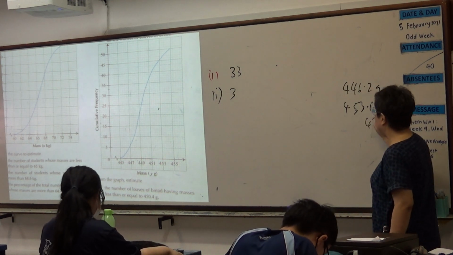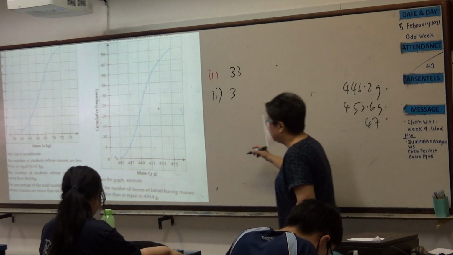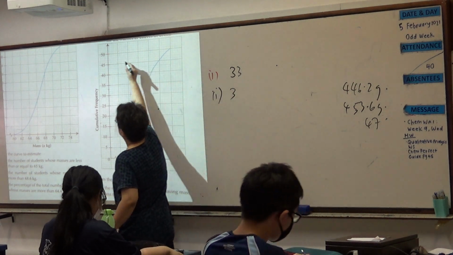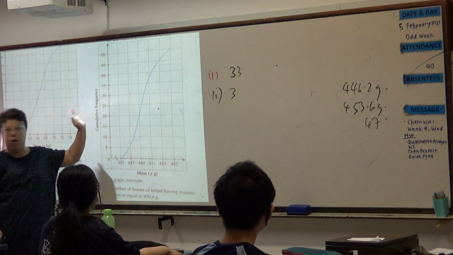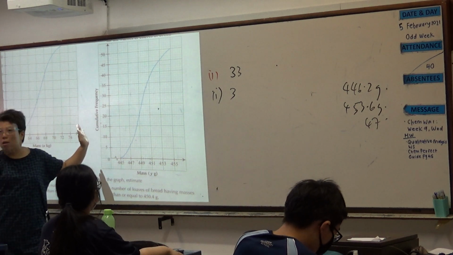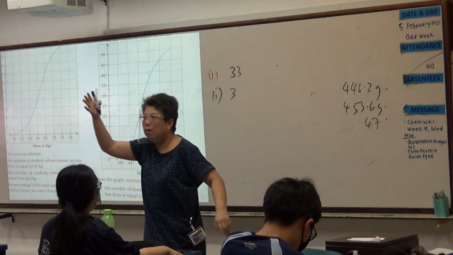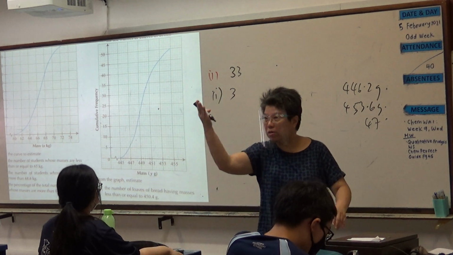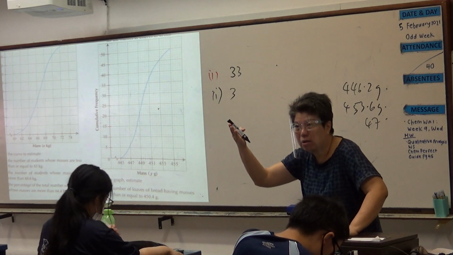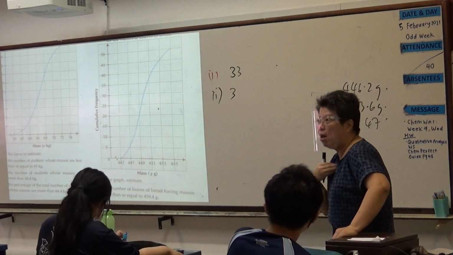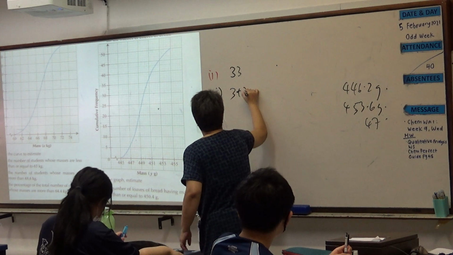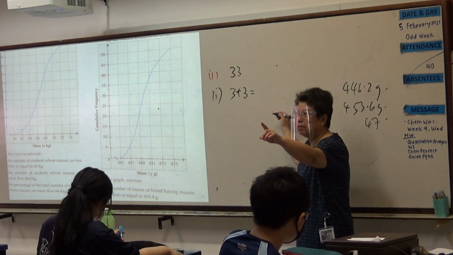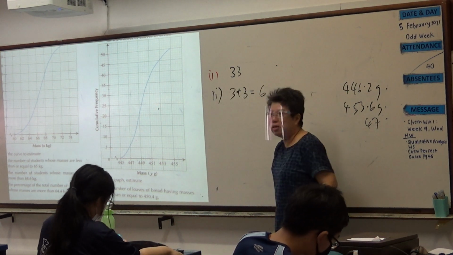That means when you read this, it is 47. That means 47 loaves are below it, right? Got it? So above it, how do I find? 50 minus 47, right? Correct. So I will have 3 loaves that are over it, okay? So 3 plus 3. So how many loaves are rejected? Altogether 6.